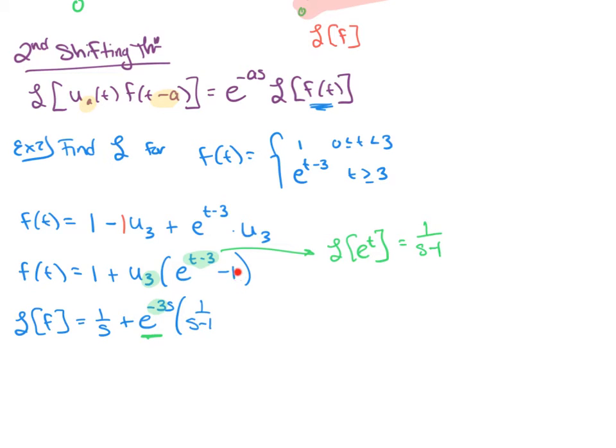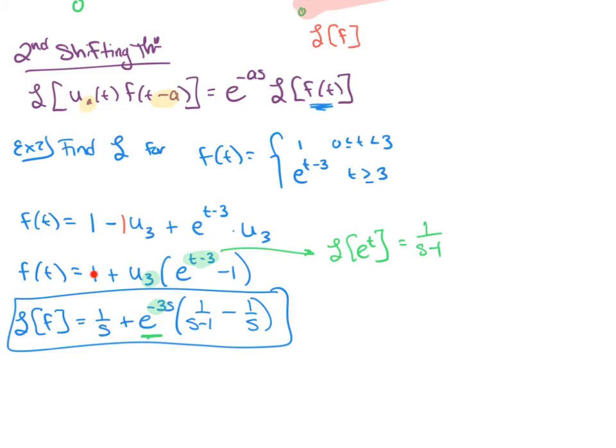And the Laplace transform of 1 is 1 over s. Okay. So the 1 out front has a 1 over s Laplace transform without an e because there was no unit step function there. But there's a unit step function applied to the e to the t minus 3 and the minus 1 inside the parentheses. So they should both be multiplied by e to the negative 3s.